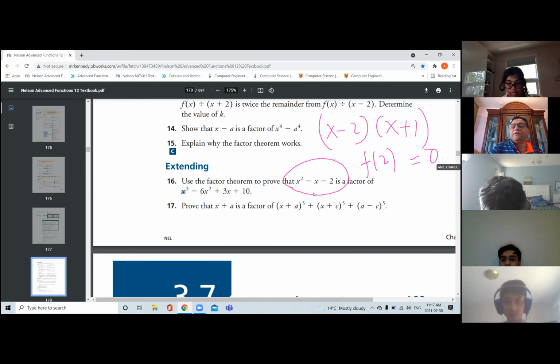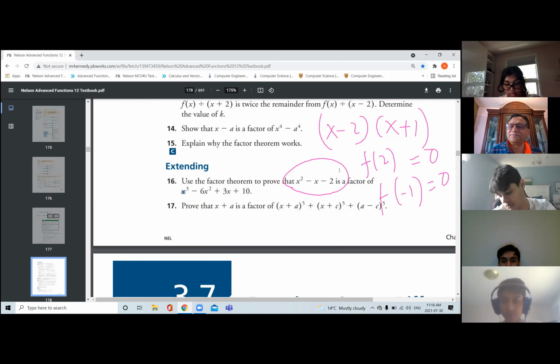Yeah. And with the second one, f(-1) equals 0. If both the conditions are satisfied, then we know that that is a factor, correct? Oh, yeah, wow. Because this entire thing is a factor, right? Okay. So if we split it, then those two daughter functions should also be producing 0. That makes sense, yeah.